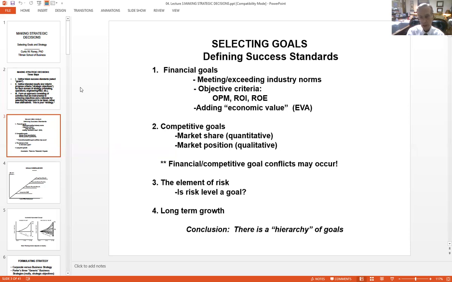And although we've got a good share of it, growth potentials are pretty limited because the industry isn't growing very fast, or may even have started to decline. In that case, we've got an altogether different problem, and that is, how do we view long-term growth for this company? Because most companies, in order to survive, need to keep growing, and there are reasons for that which we don't want to get too deeply into here.